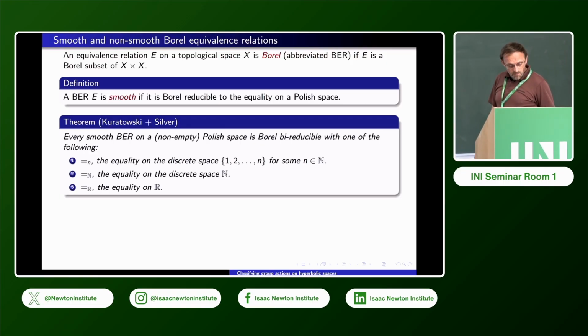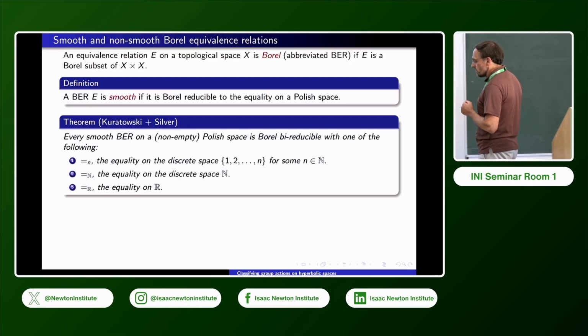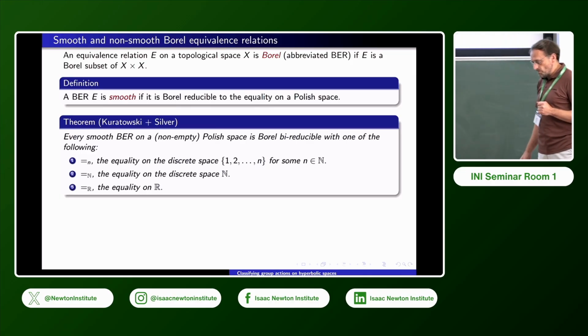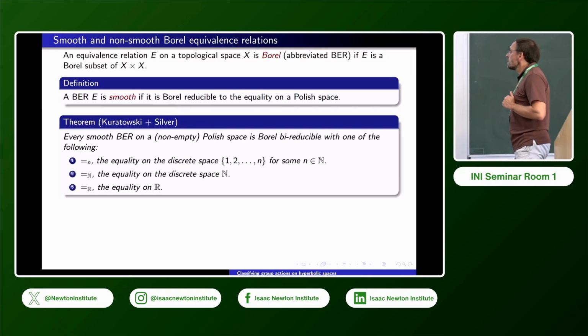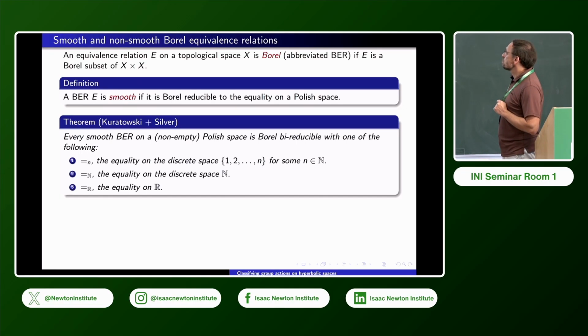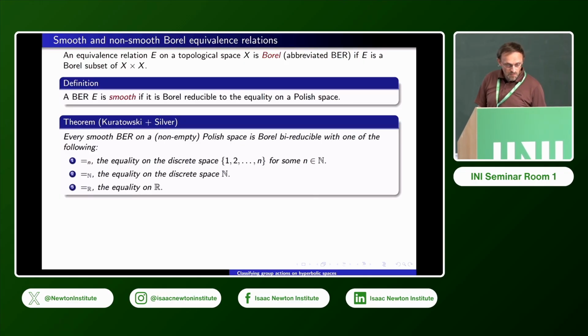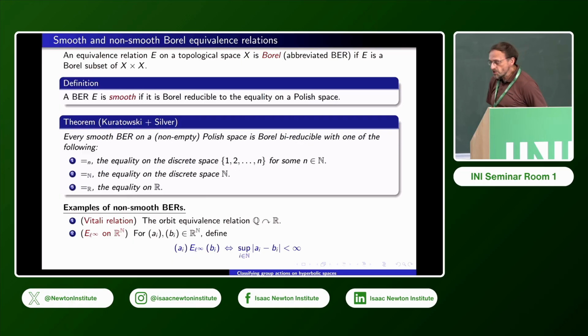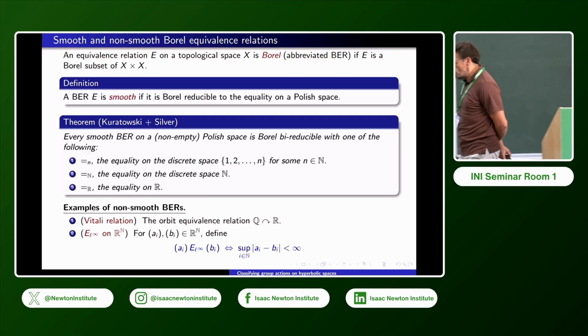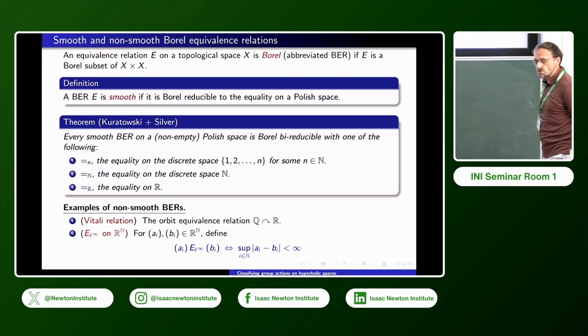This is a corollary of the Kuratowski theorem, which is the classification of Polish spaces up to Borel isomorphism, plus another result which is known as the Silver dichotomy. So anyway, these are all possible smooth Borel equivalence relations, and there are of course many Borel equivalence relations that are not smooth.